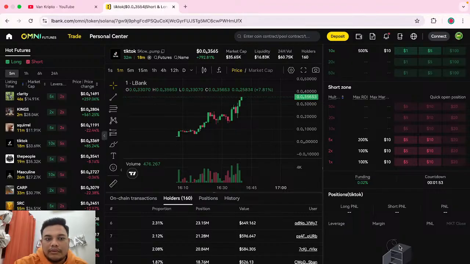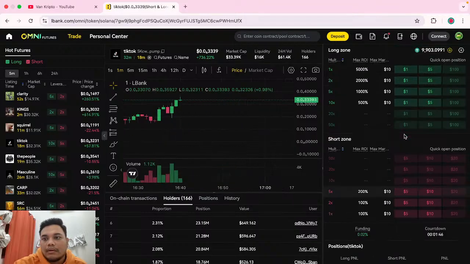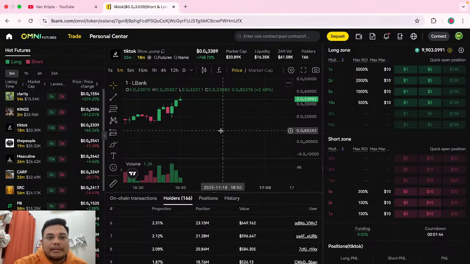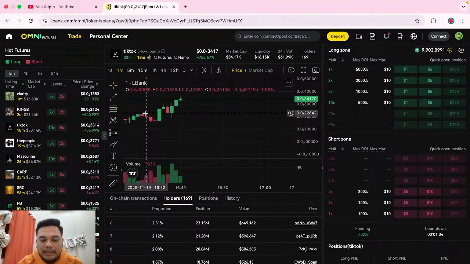I know some of you guys might be wondering where the button is for any user to start trading this Omni feature, right? So I'm telling you guys this. I just got access to this Omni feature recently from LBank.